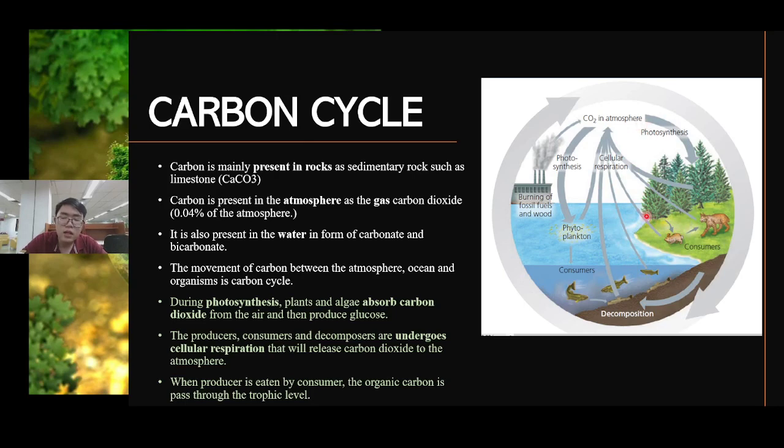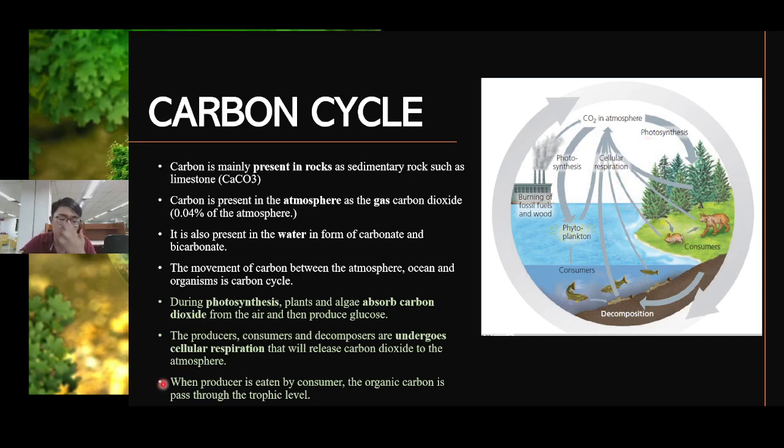So actually this is already one cycle. The carbon dioxide is absorbed by the plant, which releases oxygen and glucose, and the consumer absorbs oxygen and undergoes cellular respiration, releasing carbon dioxide again into the atmosphere. This is already one cycle.